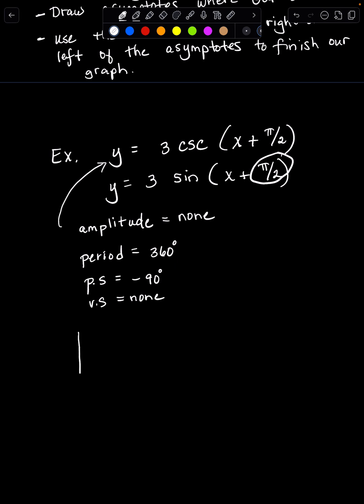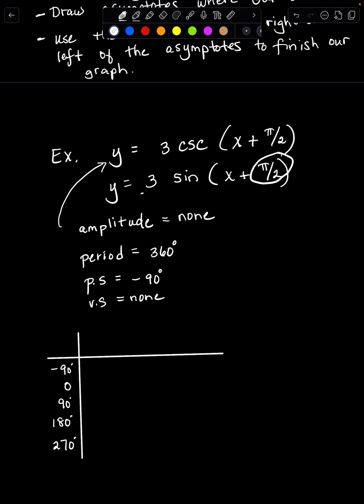If I have a phase shift, that's where I start. So I'm starting at negative 90 degrees. To get my next point, I take 360 divided by 4, which is 90 degrees. So my next point is going to be negative 90 plus 90, which is 0, plus 90, which is 90, plus 90, which is 180, plus 90, which is 270. So there are my 5 points.